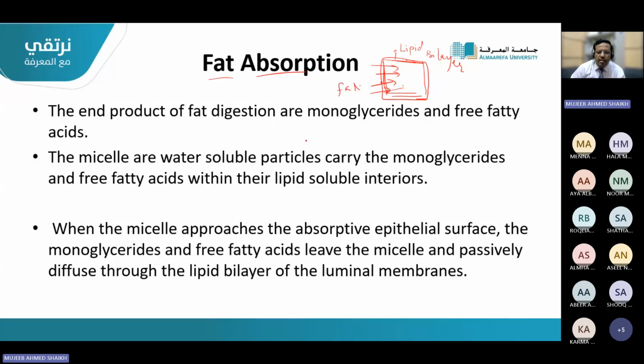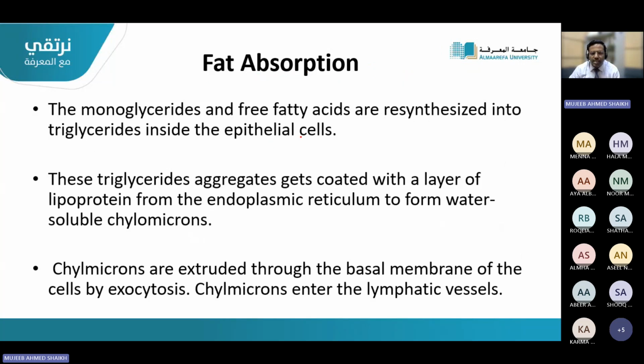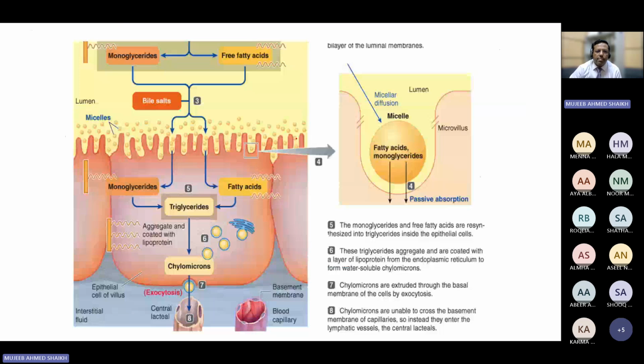They are carried in the form of micelles. I will show you in the diagram. Monoglyceride and fatty acid come along with the micelles. Here is the micelle, the smallest form, formed because of the bile salts.